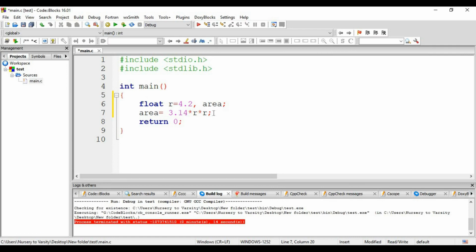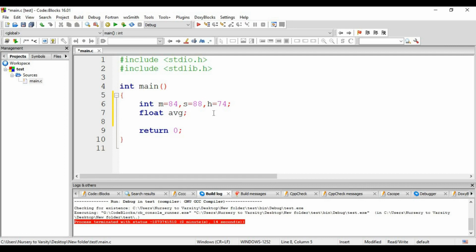Next, in mixed mode operands can be either integer or real, both. Let's take another example. int m = 84, s = 88, h = 74, and float average.